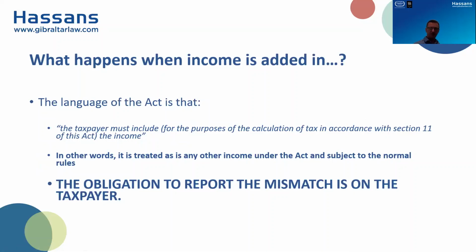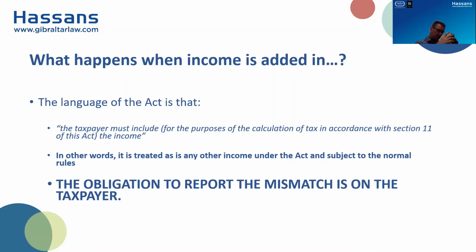So we've identified our hybrid mismatch. We've identified what kind of hybrid mismatch it is. And we have either denied the deduction or we've followed either the primary or the secondary rule, or we've included the income.